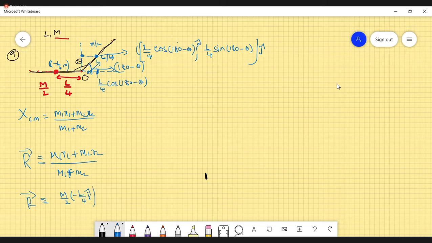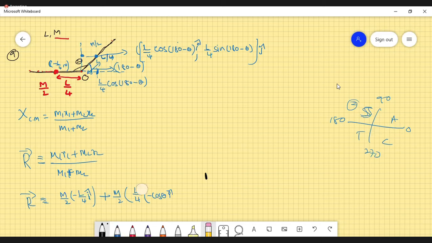Next plus M2 is M by 2, and L by 4 cos 180 minus theta, which becomes minus cos theta. So that is minus L by 4 cos theta i.